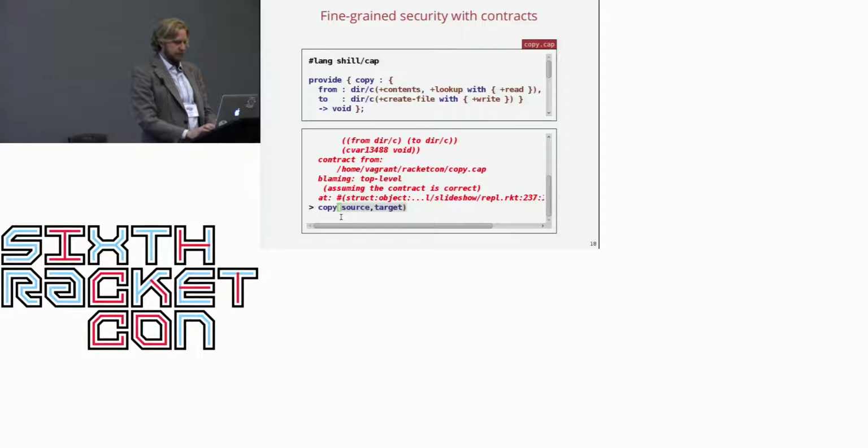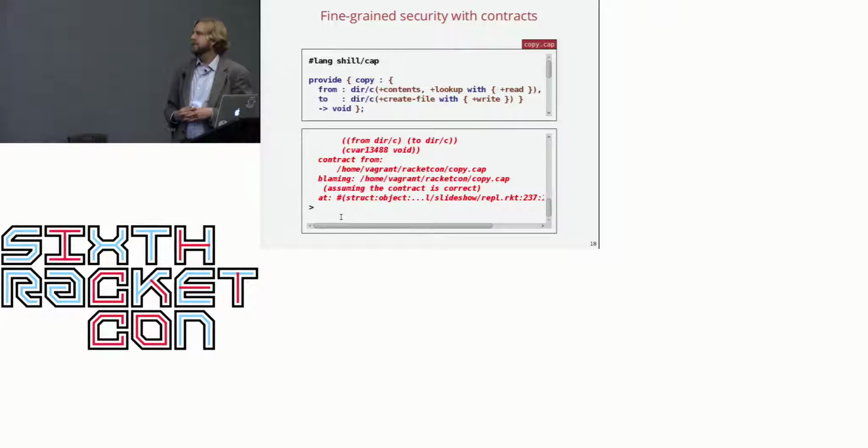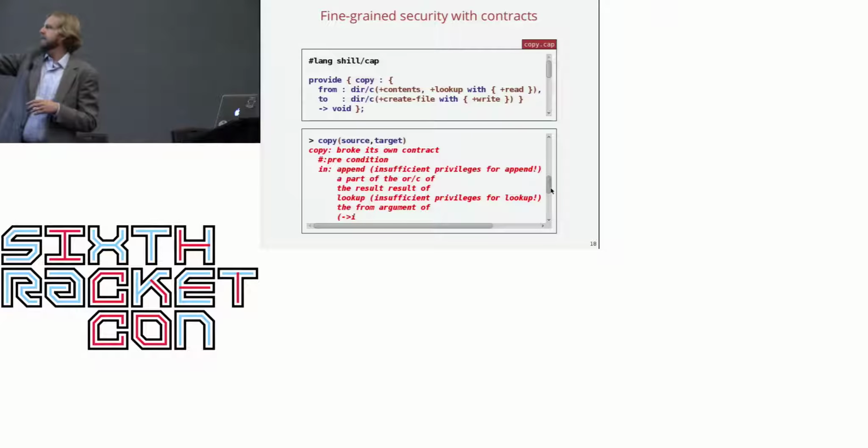So let's consider a different way that I might invoke this copy with two directories, and we'll see what happens. Oh, and I got another contract violation. So that's kind of unexpected, right? It worked before. So what does this say? It says copy broke its own contract.